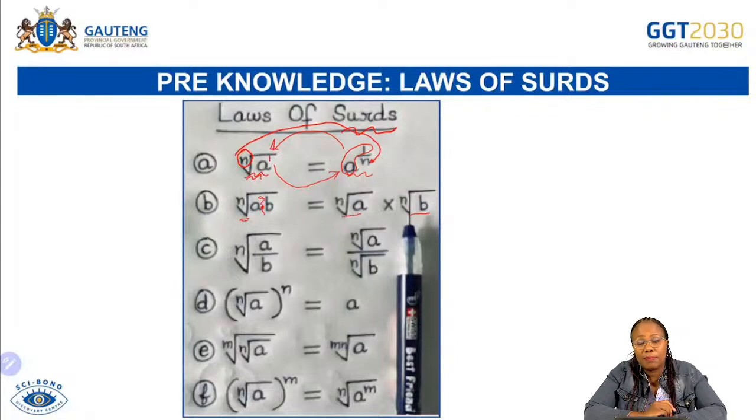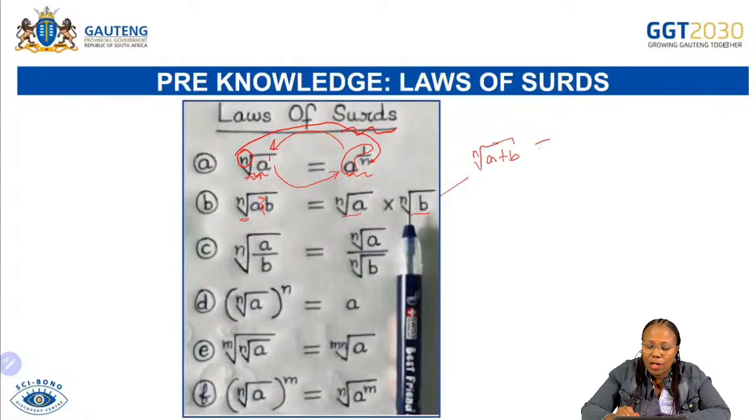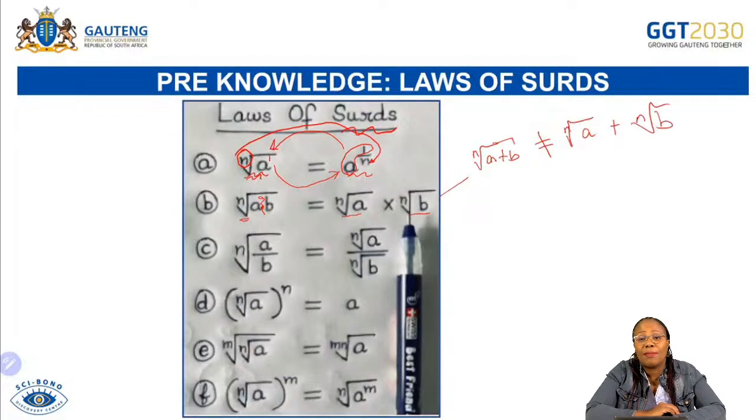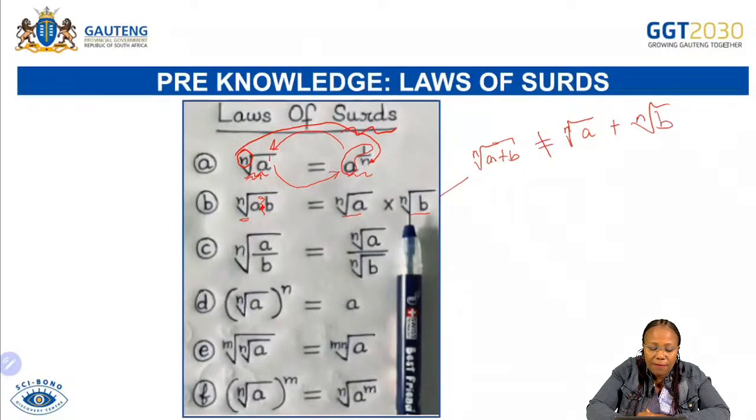Because they are multiplying. That is not the case, grade 12, if you have the nth root of a plus b, you cannot separate and say this is the nth root of a plus the nth root of b. That is not the same case, grade 12. You can only do this if you have a multiplication in between.